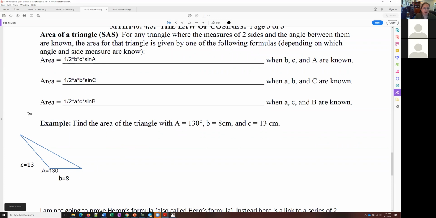So we'll just plug everything into the formula. We get the area is equal to 1/2 times, and we'll do B times C, so 8 centimeters times 13 centimeters times the sine of 130 degrees. So let's see what we get.